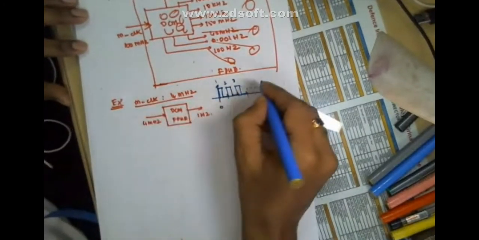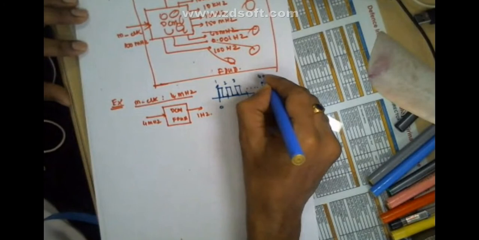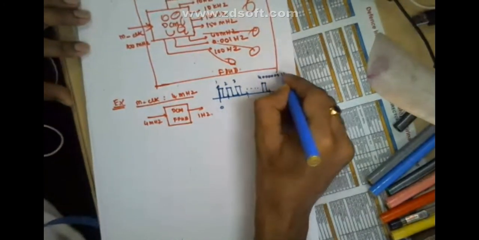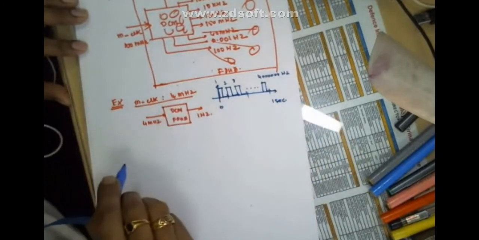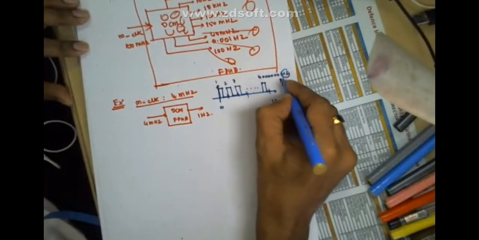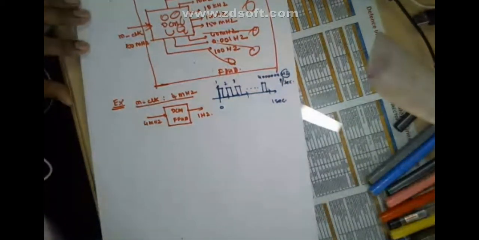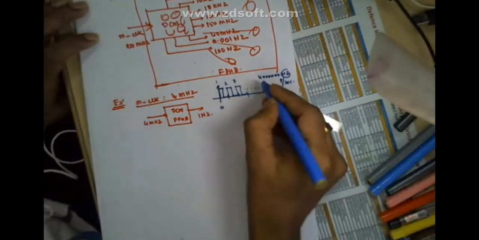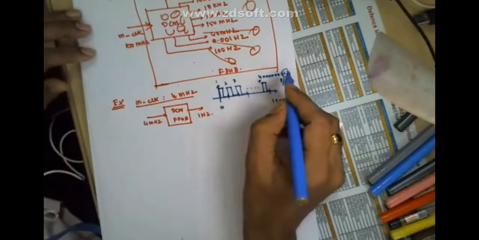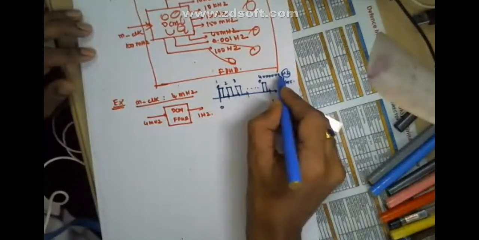When 4 megahertz is the speed, hertz is nothing but pulses per second, 1 divided by T. The idea is, within a second, how many pulses are we applying here?